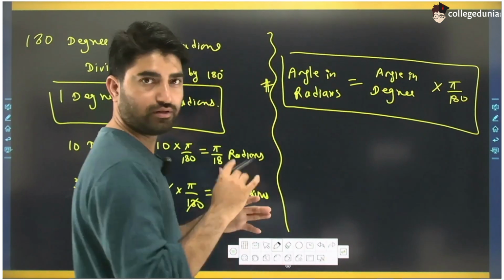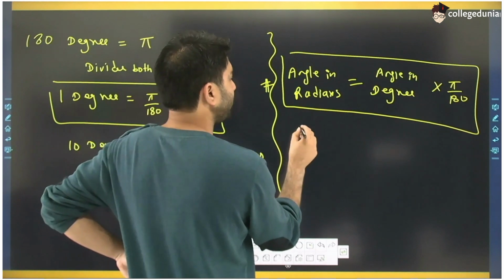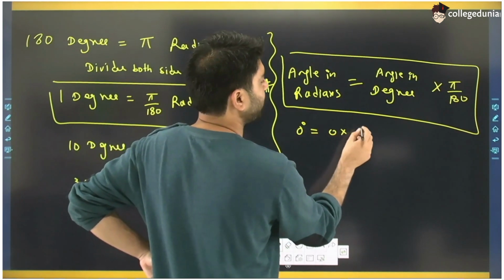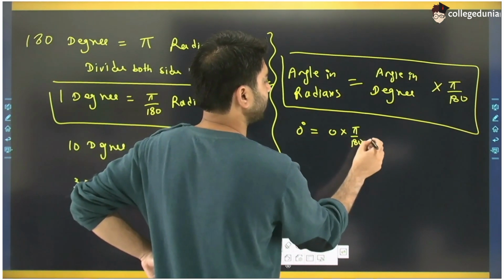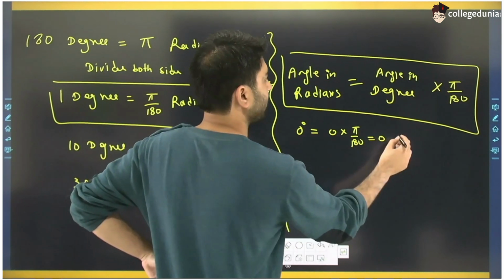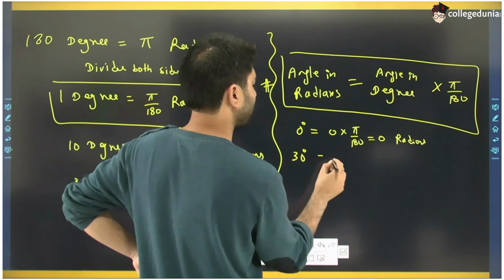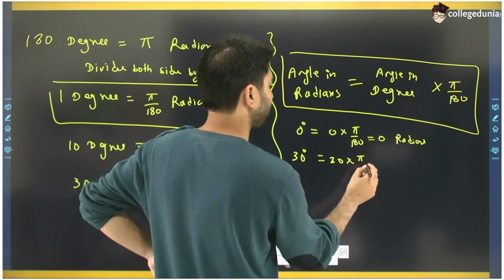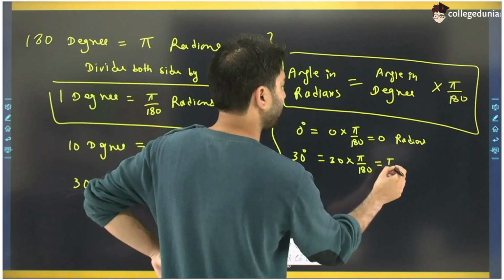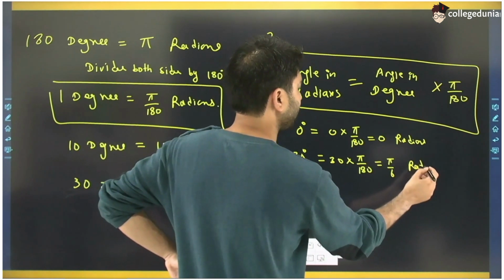Suppose 0 degrees: 0 into pi by 180 is 0 radians. 30 degrees: 30 into pi by 180 is pi by 6 radians.